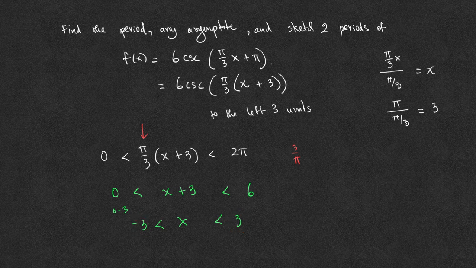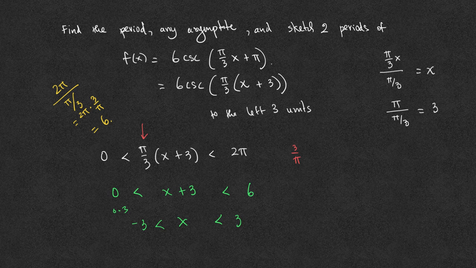Alternatively, we know that the period of cosecant is 2 pi. We simply take 2 pi divided by the constant multiple in front of x inside of the cosecant function, which is pi over 3. 2 pi divided by pi over 3 is 2 pi times 3 over pi, which is 6.